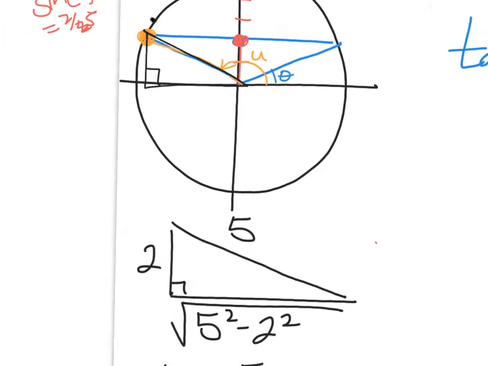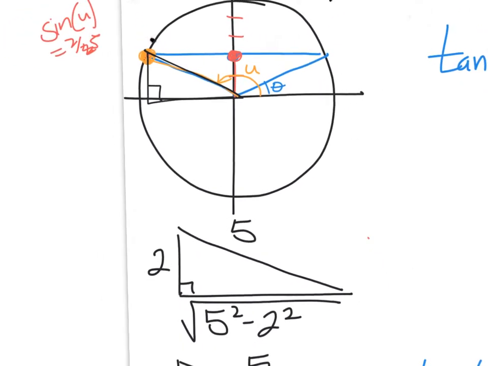So from there, I drew a right triangle. Because sine is opposite over hypotenuse, and the sine is 2/5, I could say that the opposite side is 2 and the hypotenuse is 5. Even though we know that for a unit circle the radius is 1, this is kind of like a trick. We use the Pythagorean theorem to find this.